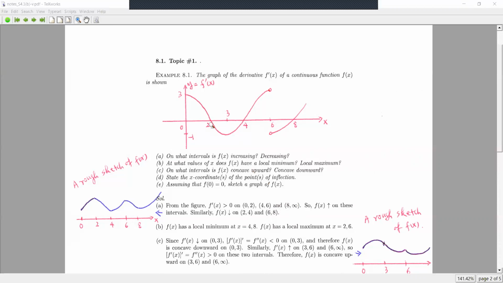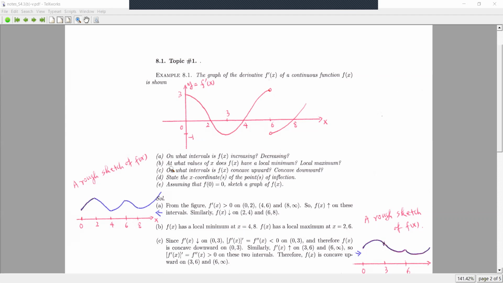Similarly, from 2 to 4, 6 to 8, the curve lies below x-axis. That means that over these two intervals, this guy is negative. Derivative is negative. So the function f is decreasing on these two intervals. This is A.